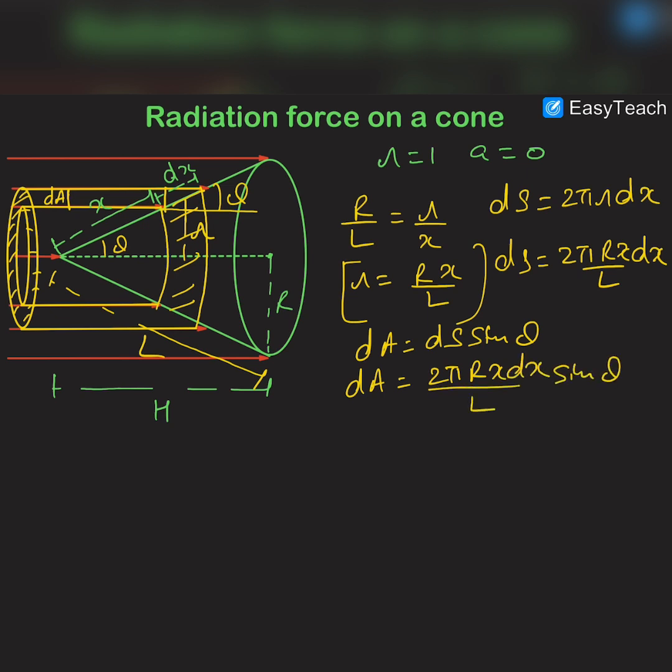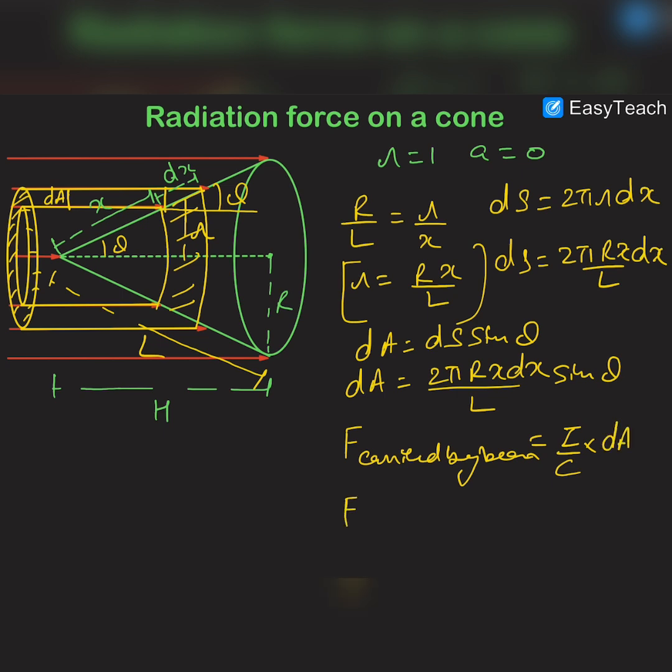This is the cross section area of this beam, and the force carried by beam. What I mean to say is that when some perpendicular object is kept in the path of the beam, then this beam will apply this force on the object. So this force will be equal to I by C into this area dA.